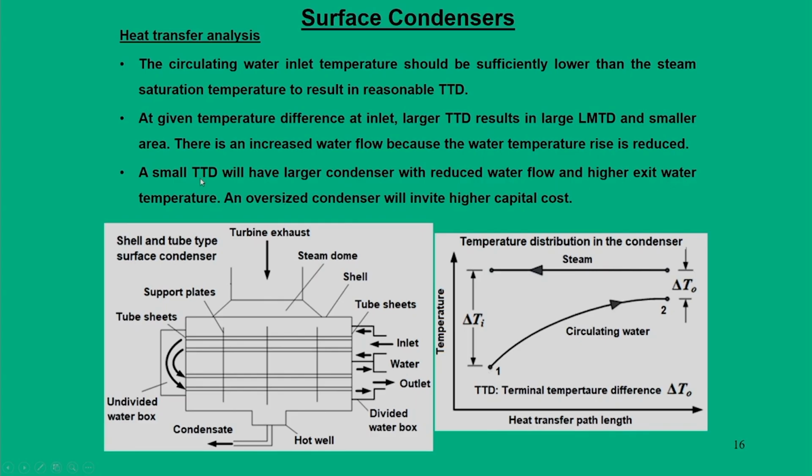Because of this larger size, our design is not perfect. We call this an oversized condenser, and it will invite higher capital cost. So, in condenser design, this TTD is very vital in designing various components of the condenser.